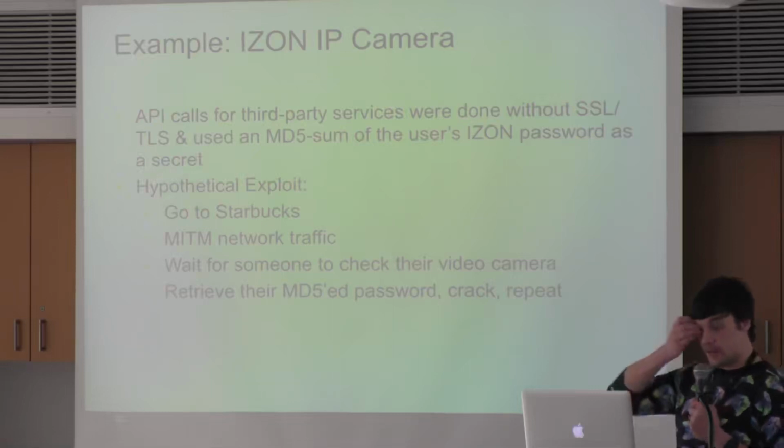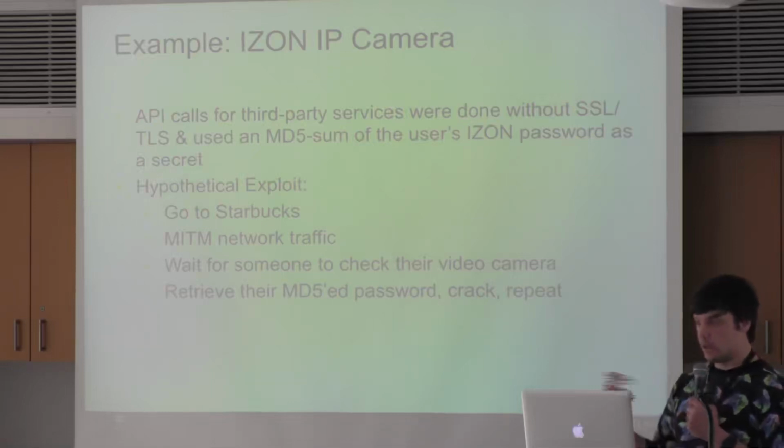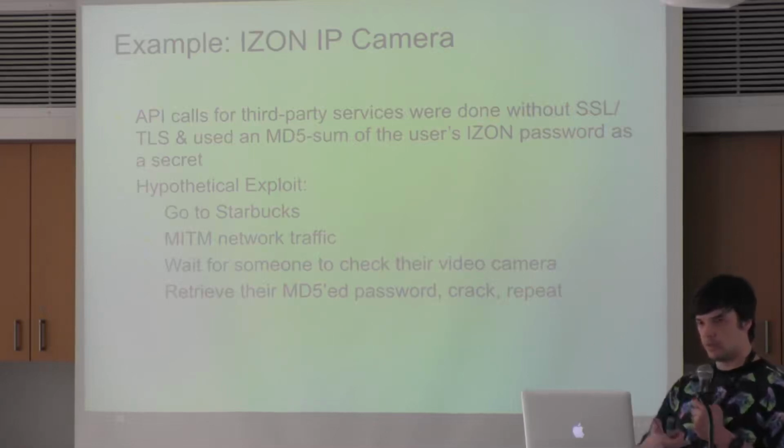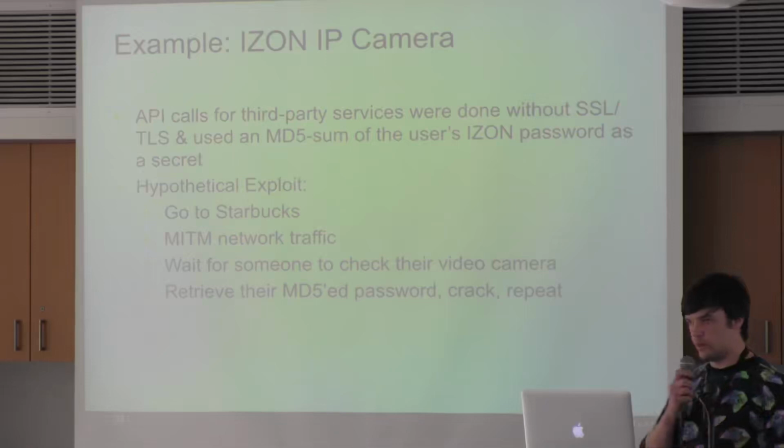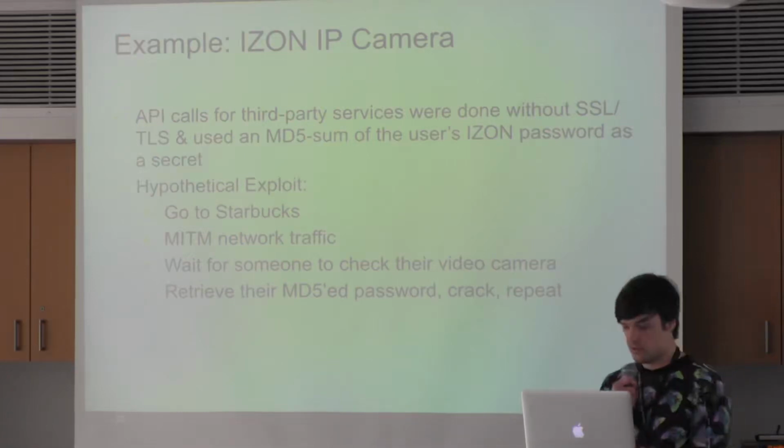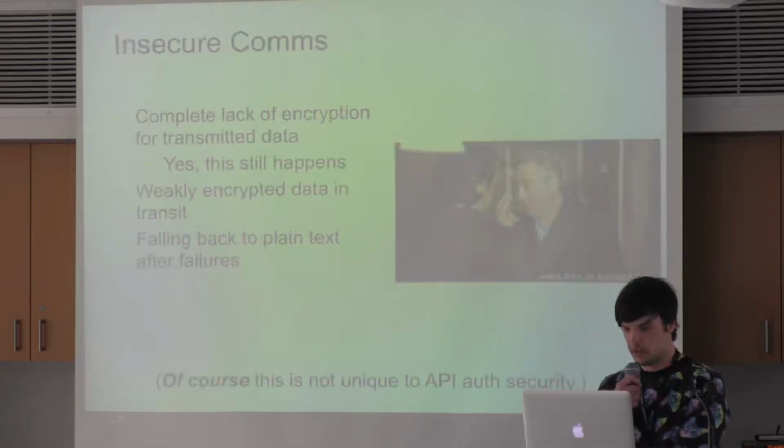And to add insult to injury, your IZON account password was an MD5 sum transmitted in plain text. So go to Starbucks, wait till someone is checking their video camera, extract their password, and crack it if you can, because MD5 is pretty strong. And then you get De Niro watching you, which is pretty cool.